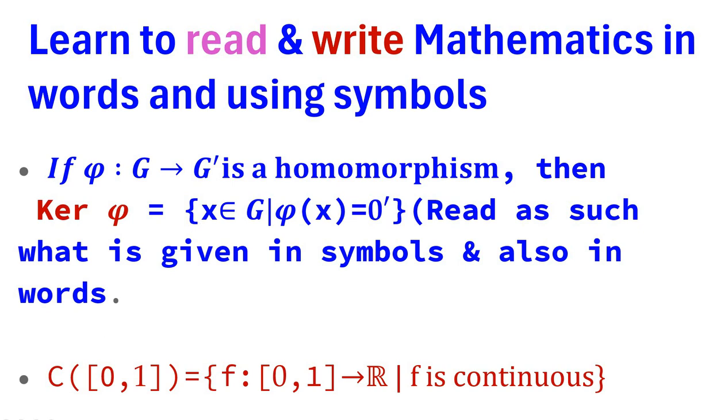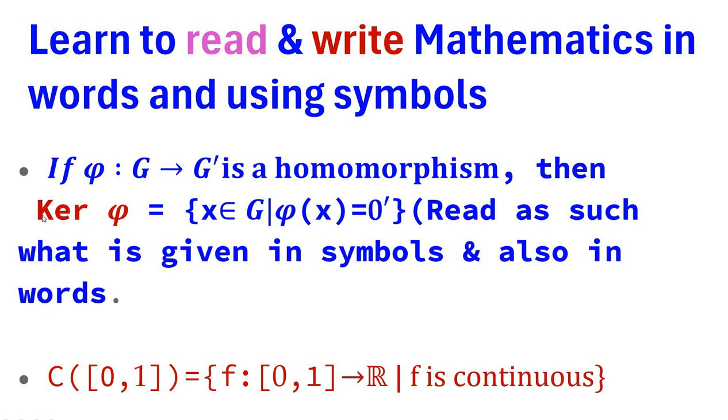But when you read it in words, you can read it as: the kernel of a homomorphism phi is all those elements whose image under phi is the identity element of the codomain. Here the domain is a group, the codomain is also a group, so the identity element will be present in the codomain.